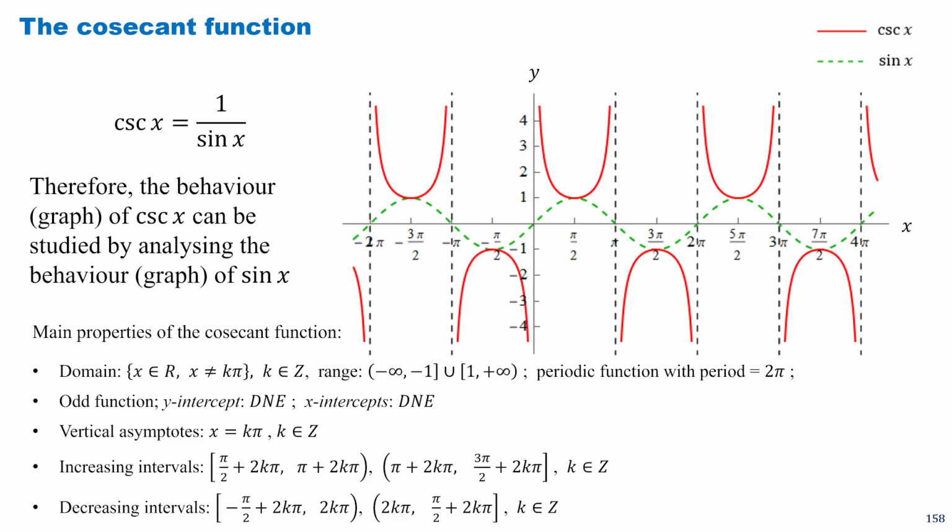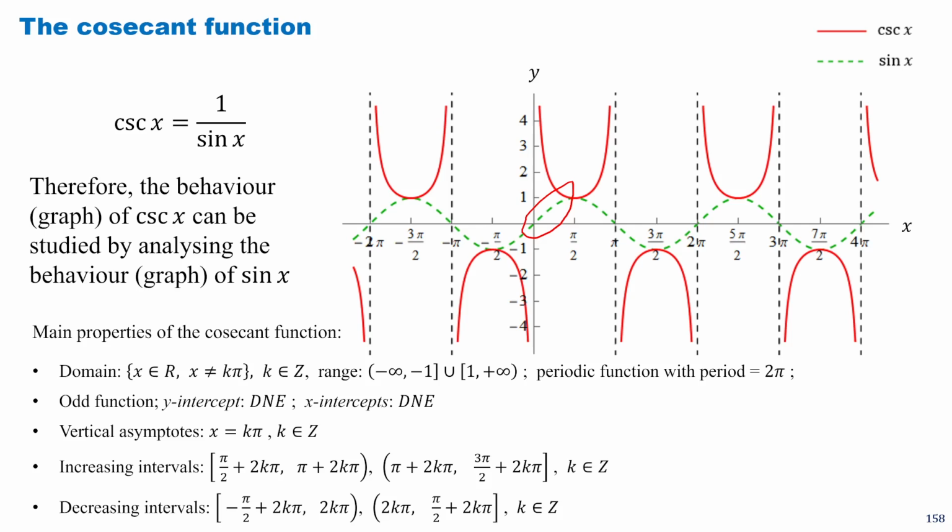So as you can see here, for example, let's consider one of the periods here. When x is between 0 and half pi, if you consider this branch here, sine x is the increasing function, right?